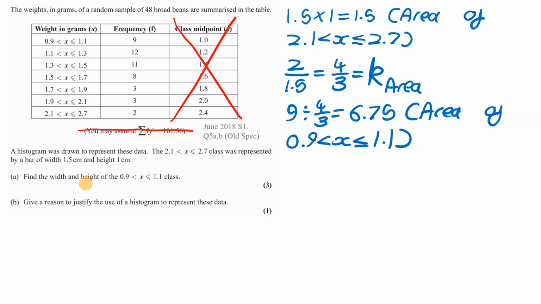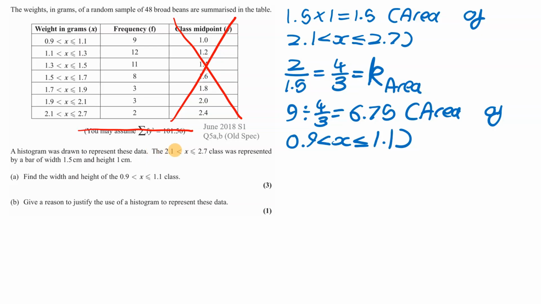Now we need to get the width and the height of the bar. The reason I made this distinction about the area is we have another scaling factor for questions like this: the scaling factor for the width of the bar. So what do I mean by that? Let's look at this line here. We're told that the 2.1 to 2.7 class was represented by a bar of width 1.5.